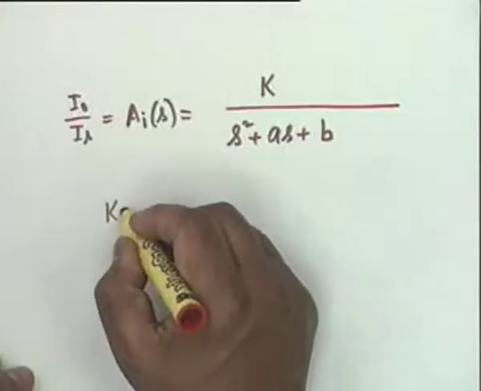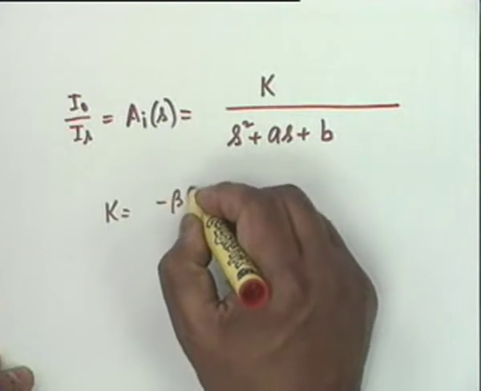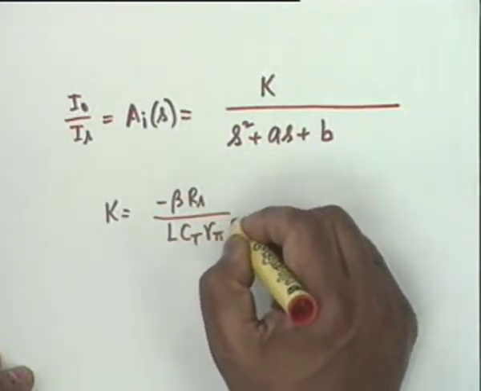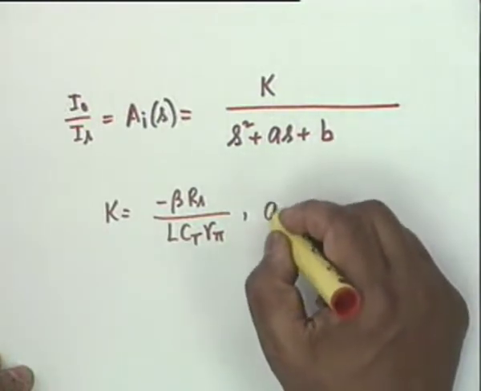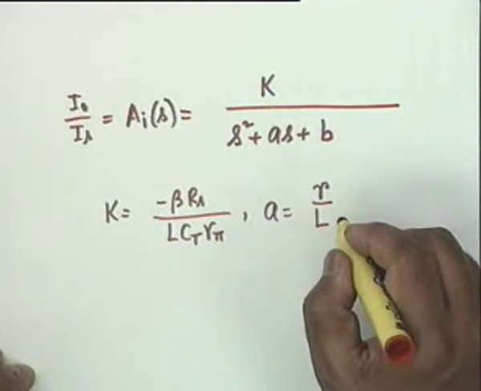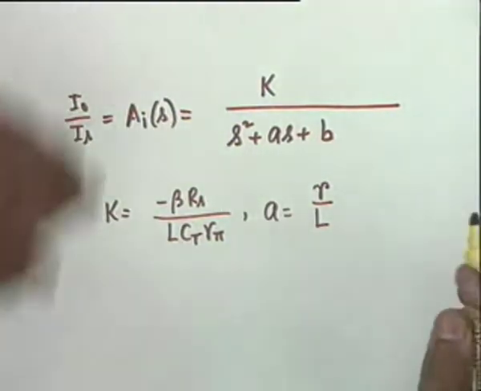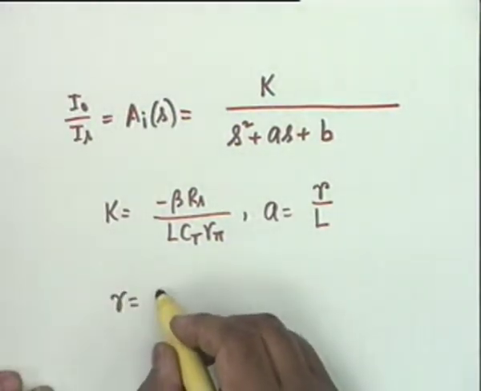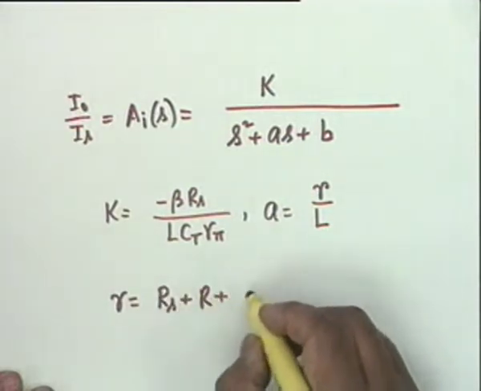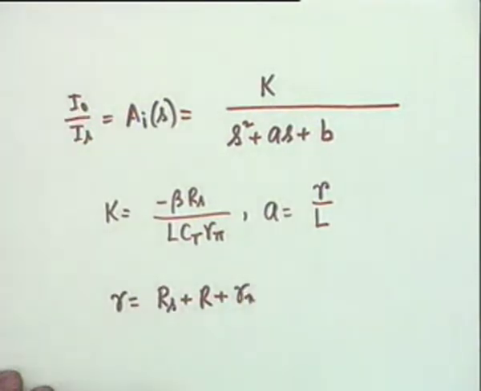Note the difference. Let me put down the constants first. K is equal to minus beta Rs divided by L Ct R pi. A is equal to small r divided by L. What is small r? Small r is the series combination of all the three: big Rs, big R plus small Rx.